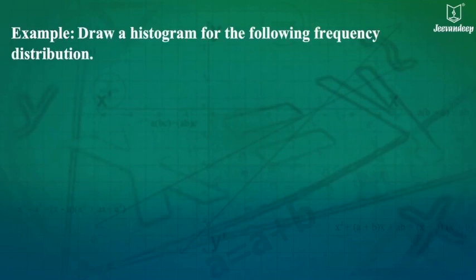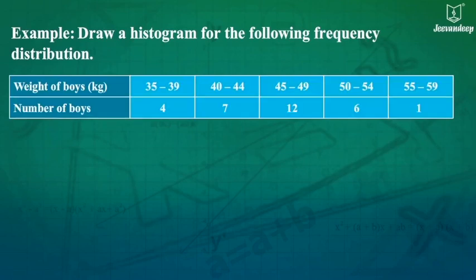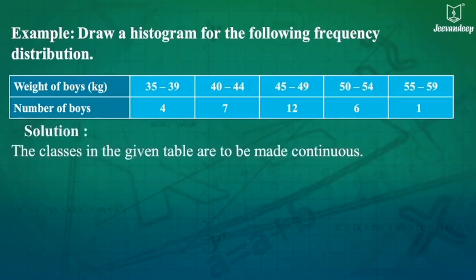Example: draw a histogram for the following frequency distribution. Weight of boys in kilograms. Number of boys. The classes in the given table are to be made continuous.